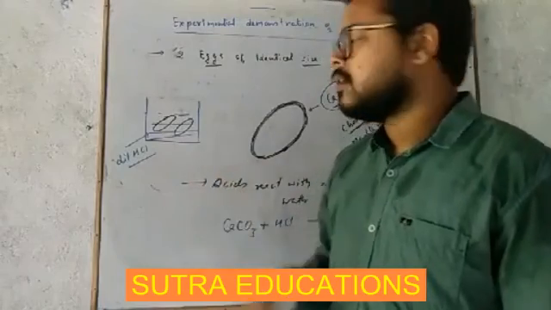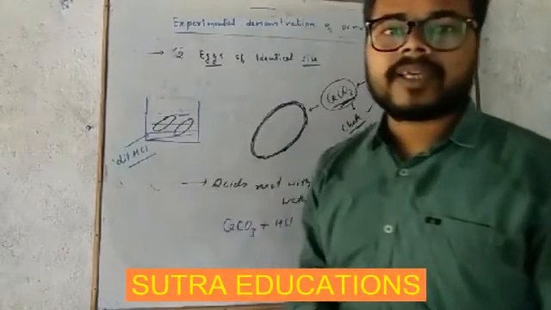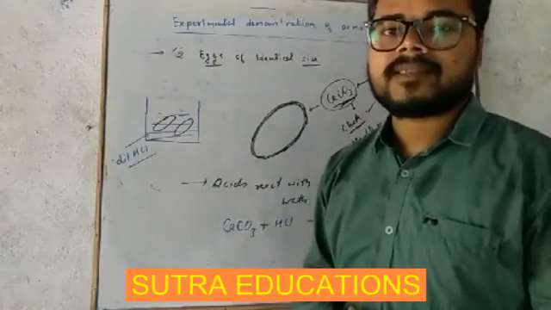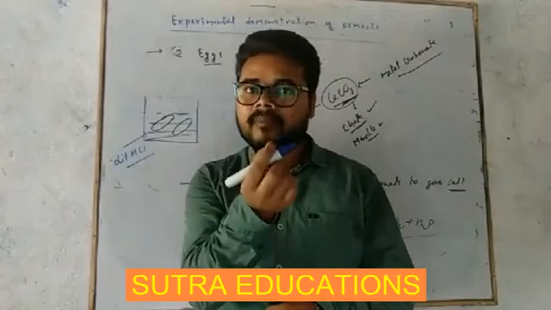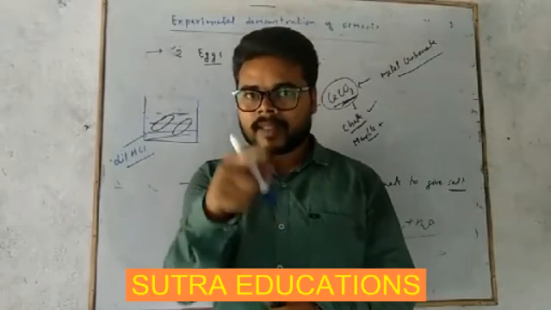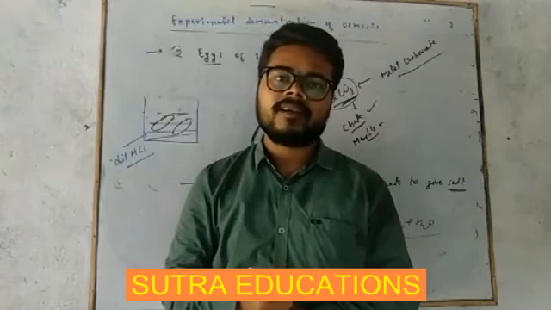Now, when the outermost shell of the egg is removed, keep in mind there is a thick membrane present inside the outer shell of the egg, and that acts as a semi-permeable membrane.